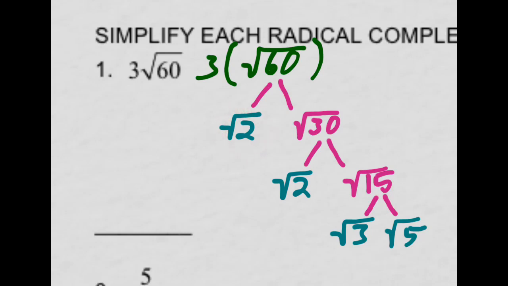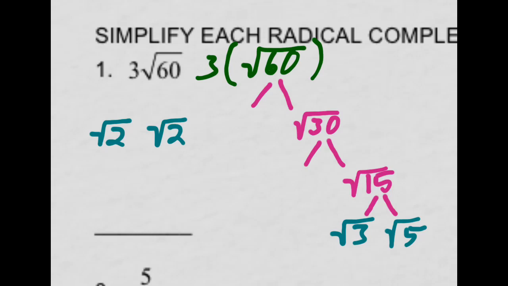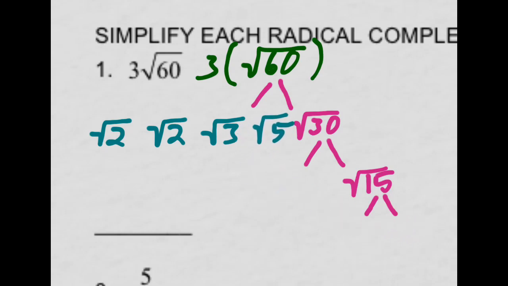Okay, so right now I've got all my dead ends. I've got the square root of 2, the square root of 2, the square root of 3, and the square root of 5. And so I'm going to try to figure out what I can do with all of these dead ends here. All right? Are there any that I can take out of the radical? So I'm going to bring my square root of 2 over here, and this square root of 2 over here, and finally this square root of 2 over here.